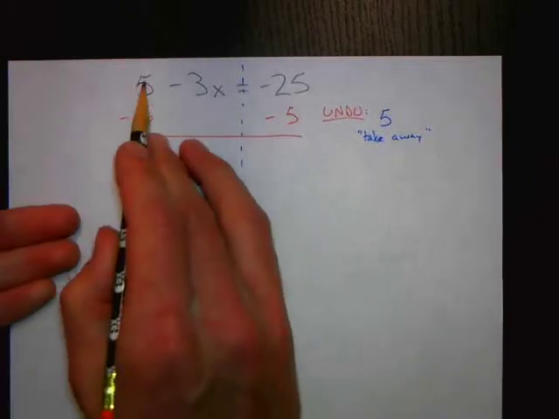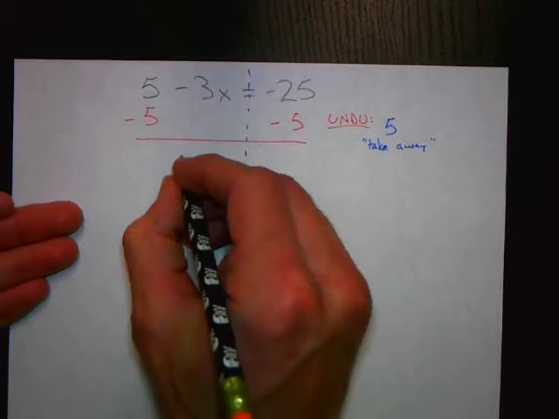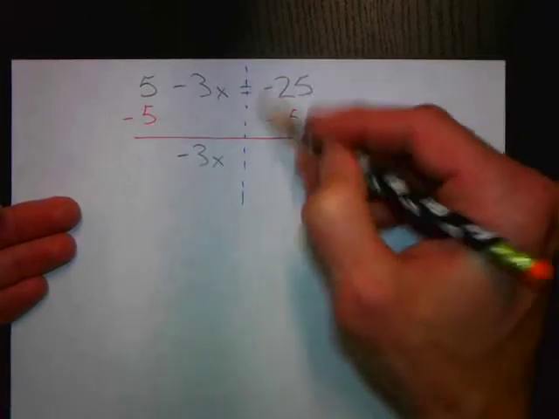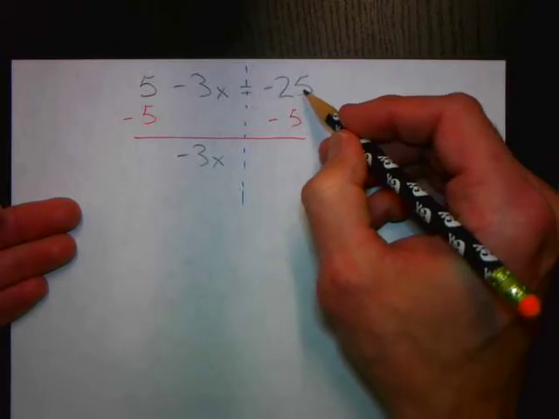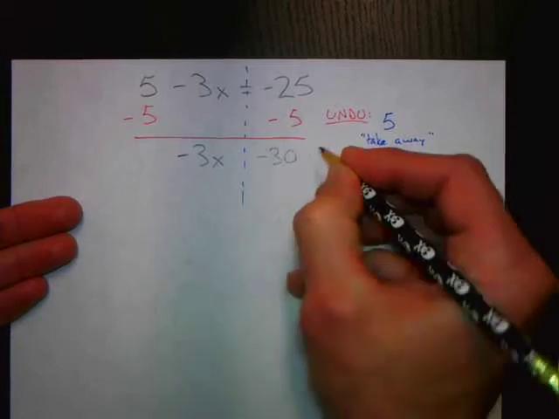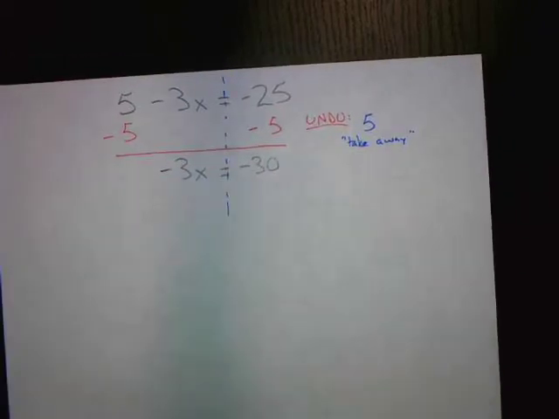So when we take this 5 away, we still have left this minus 3x. And then when we look at this side, we simply read it out loud. Negative 25 minus 5. And that will give us negative 30. So we have negative 3x is equal to negative 30.